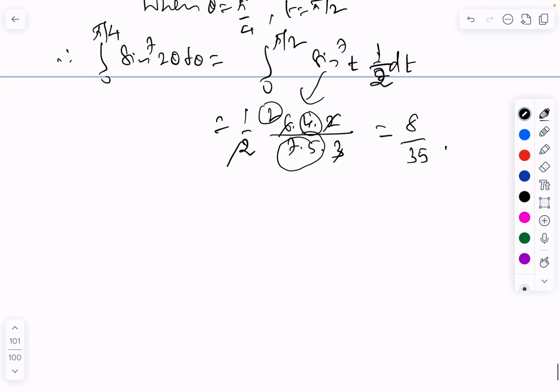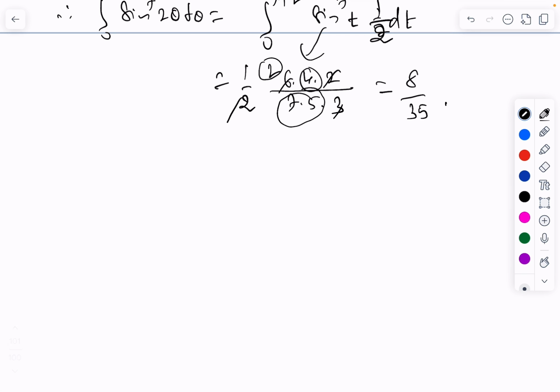There is also another reduction formula, and it is like this. Integration 0 to pi by 2 sine power m x cosine power n x dx.